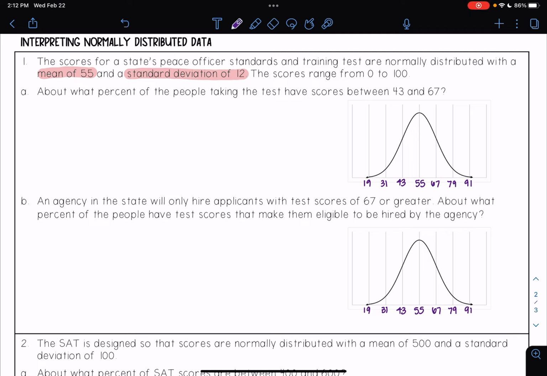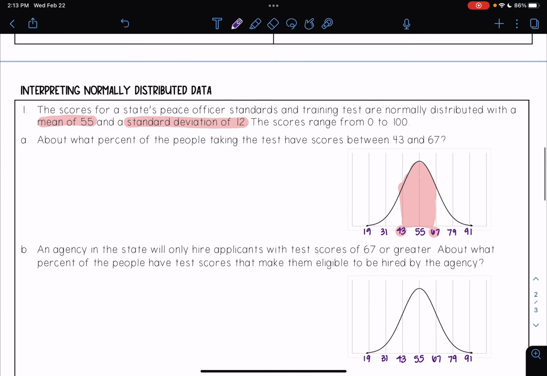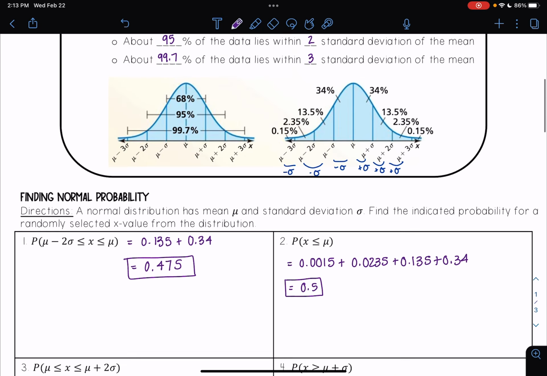So this first problem asks us to find about what percent of the people taking the test have scores between 43 and 67. So I see my 43 and my 67. I want to find the percent between. So that's going to be this area right here. And it's going to be helpful again to look at that graphic we had on the first page.